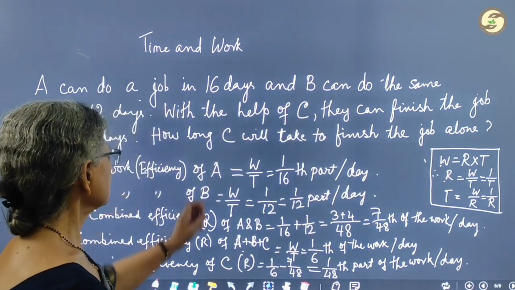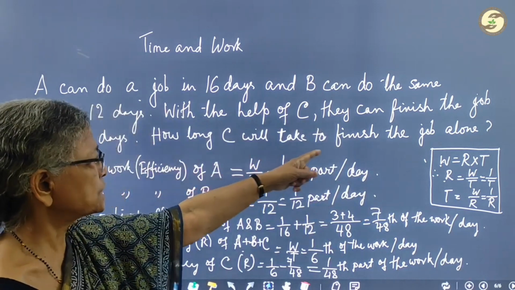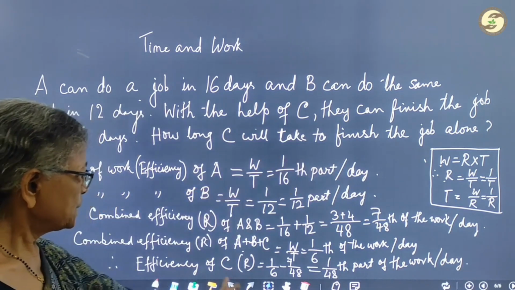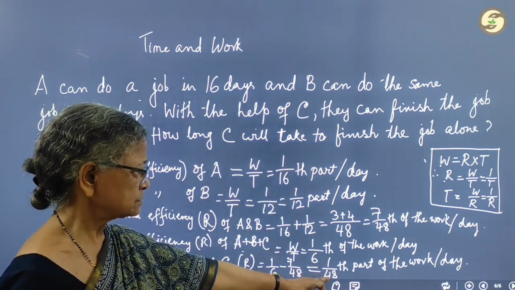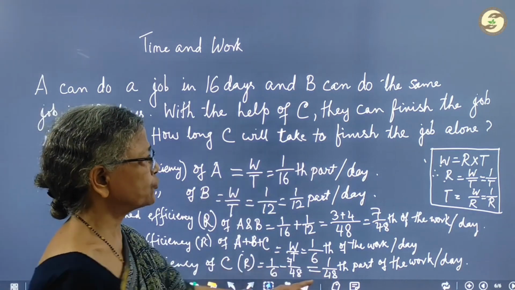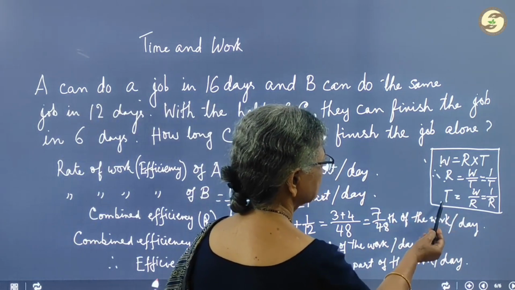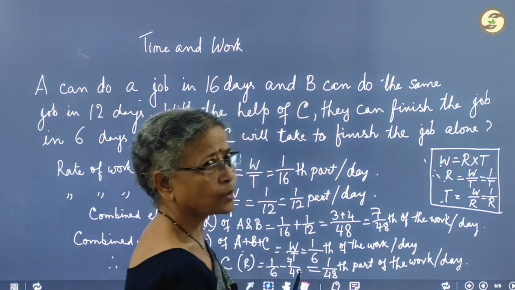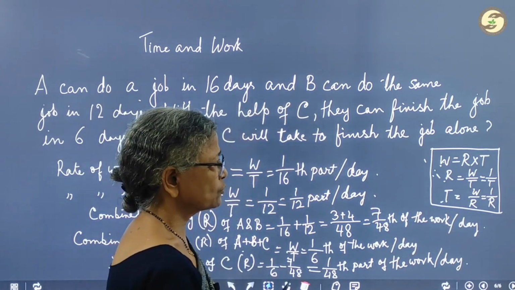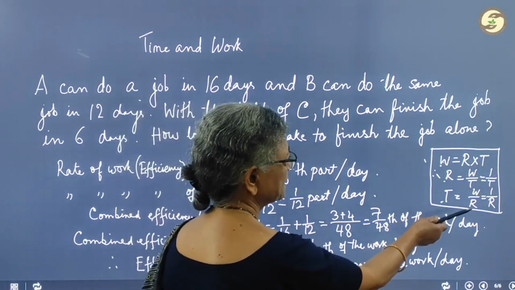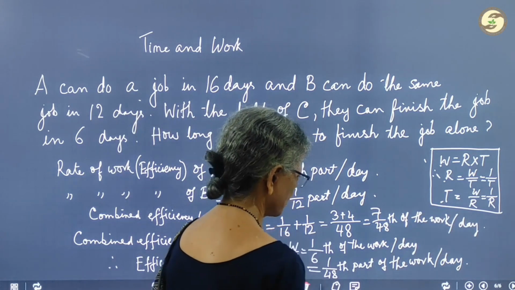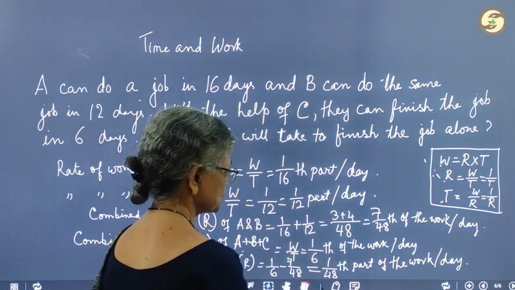What is the question? How long C will take to finish the job alone? If we know the efficiency of C as 1 by 48, efficiency is R or rate of work, then it is easy to get the time required for C to finish the work, that is W by R or 1 by R. Let's go to the next page.